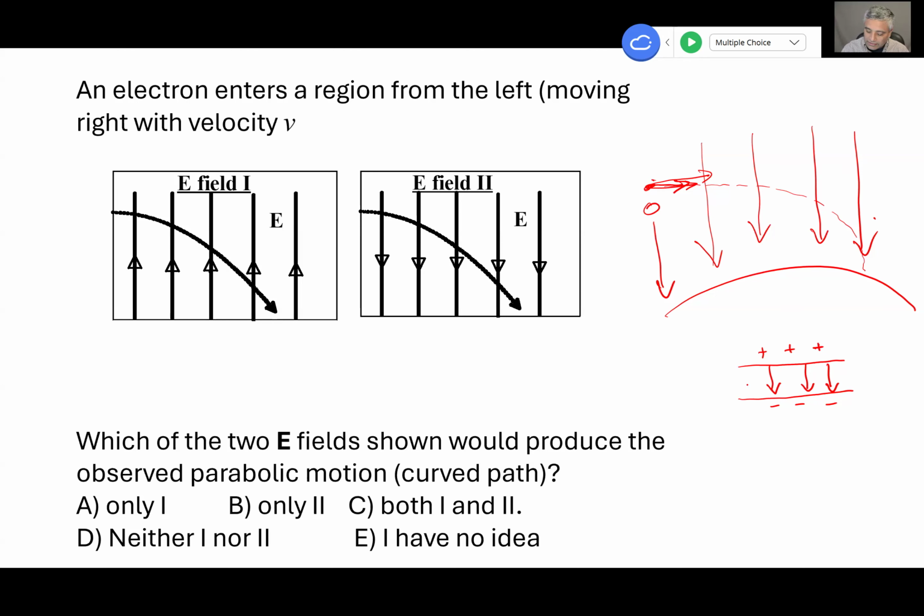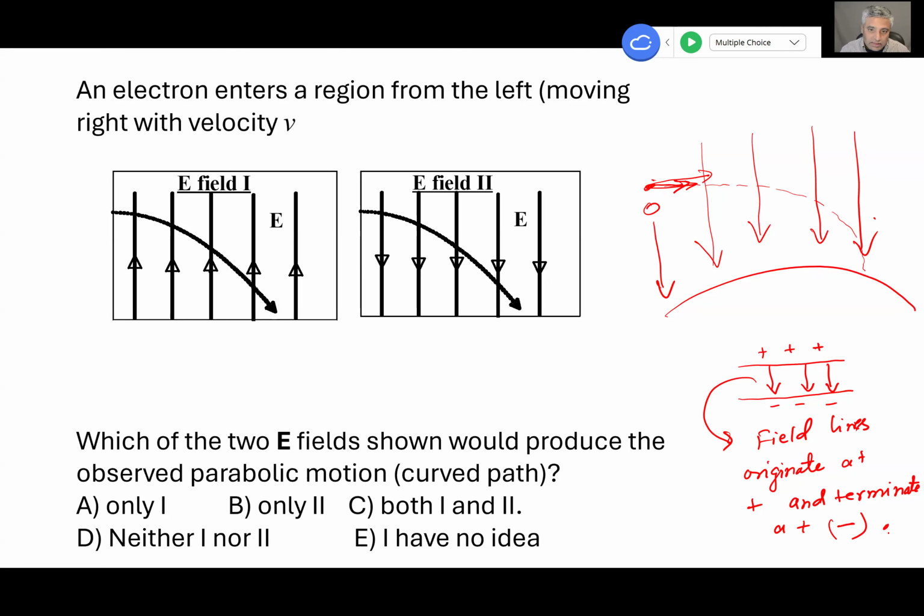So field lines originate at positive and terminate at negative charge, right?